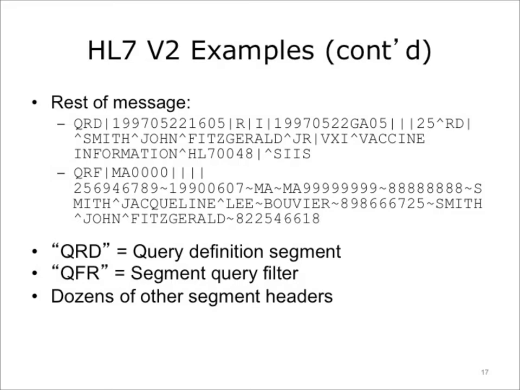A later field tells us the subject's name is John Fitzgerald Smith, and so on across several other fields. The next line is a QRF, or Segment Query Filter, which may further provide information regarding the subject's family, specifics about the type of vaccination history, and so on.